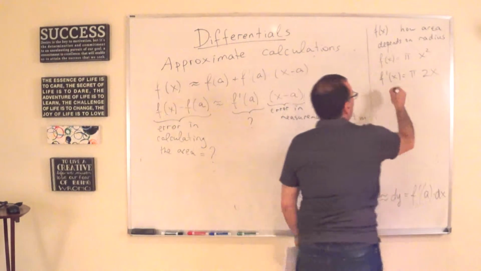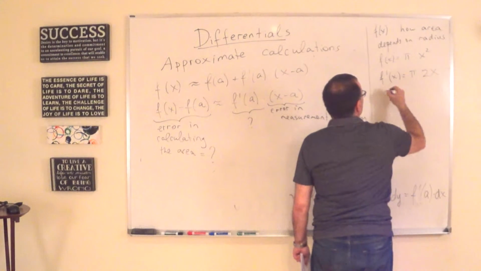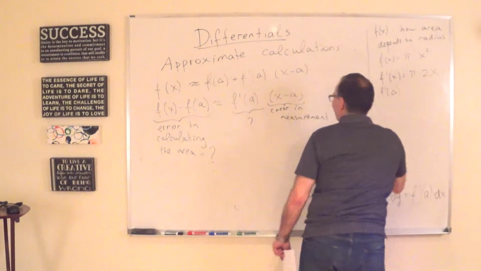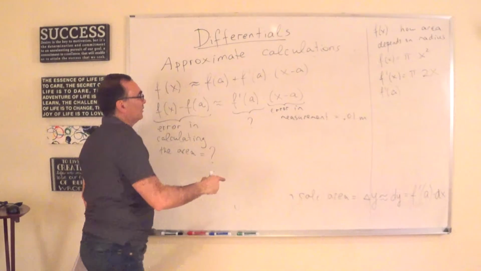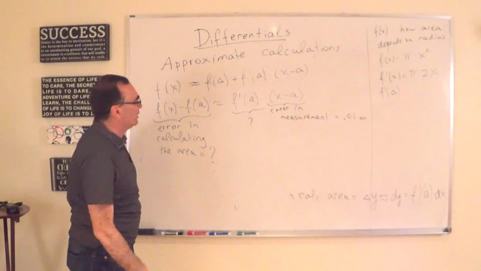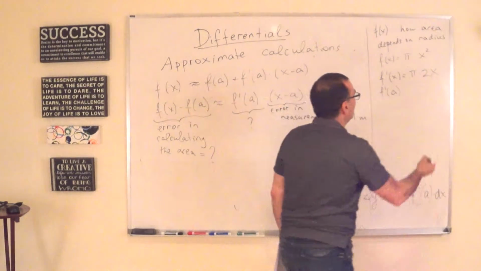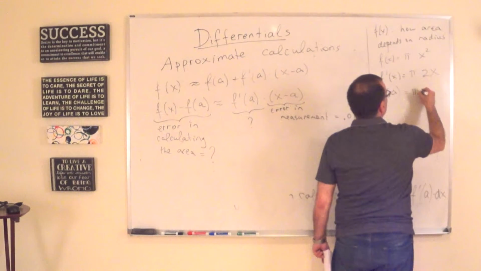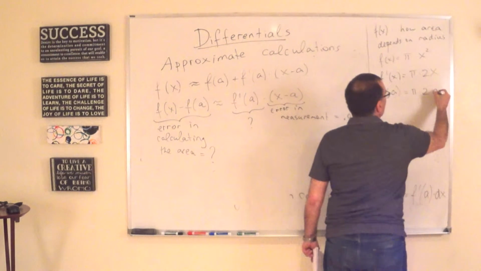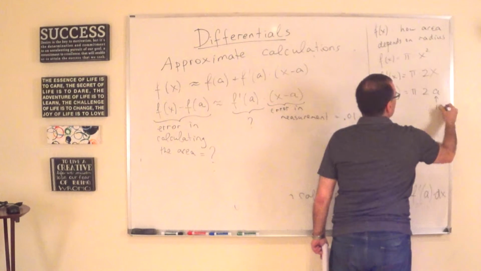And f prime of a, therefore, is pi times 2a. And a is known. a is the approximate measurement of the radius, which is 10 meters.